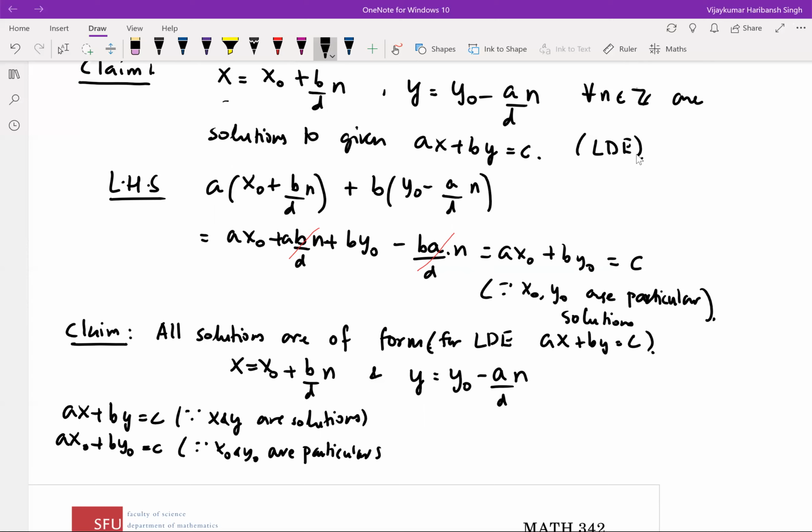So if you subtract these two, you get a times x minus x naught equals, bringing it to the other side, minus b times y minus y naught.